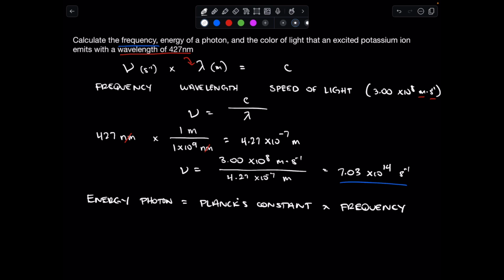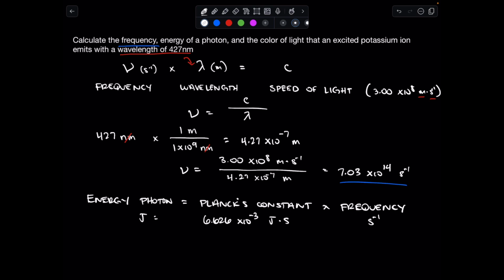So for Planck's constant, we're going to use 6.626 times 10 to the minus 34 joules times seconds. And our frequency will still be in units of per second, like we had from above. And then energy is going to be in joules.